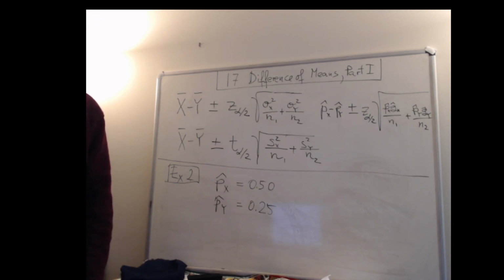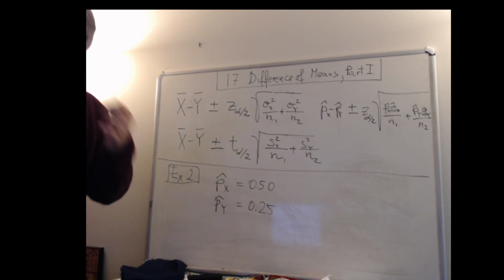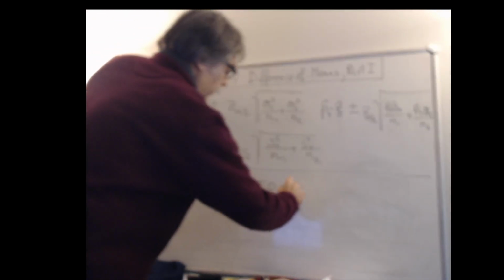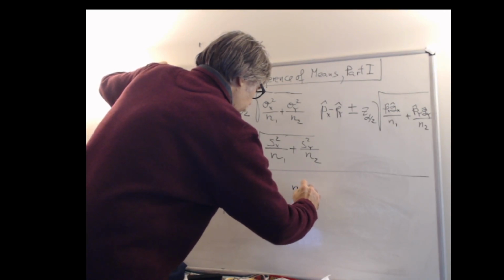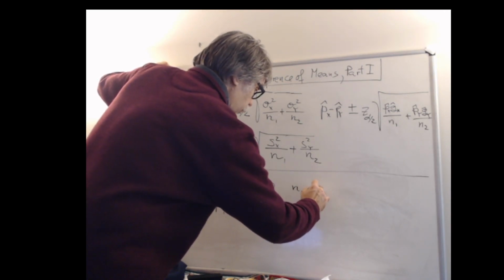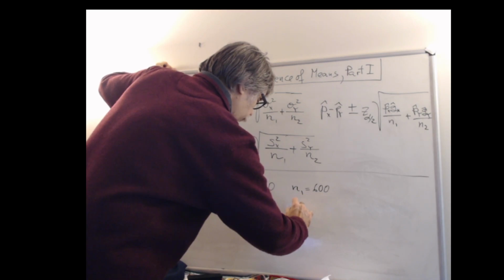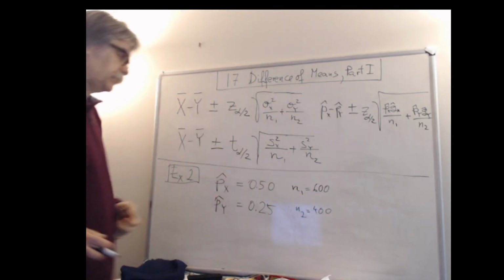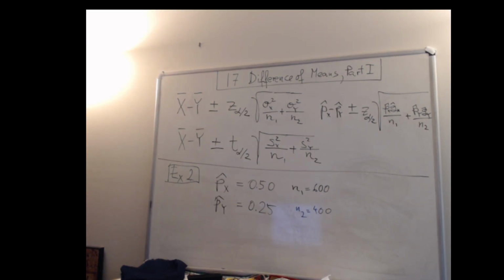The proportion of adults that like that program was 100 out of 400, which is 1/4. So let me just write also that I have N1. This is the group of teenagers, I have 600 of them, and I have a group of adults, N2, and that was 400. Okay, to identify what my sample is.